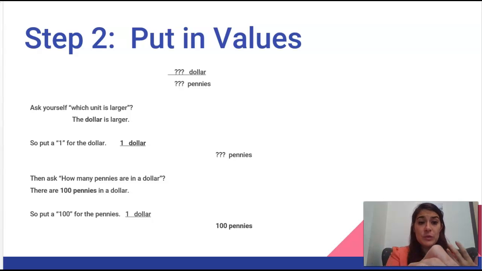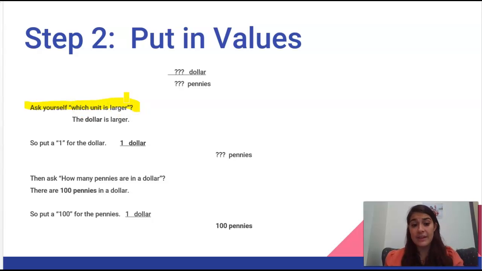And so this is a super important question right here. Ask yourself which unit is larger. The reason that this is a really good question to ask yourself is because that is the unit that's going to get the 1 in front of it. You all know that there are 60 seconds in 1 minute. But something happens when we're in that test environment and we're writing things down, and all of a sudden we write that there are 60 minutes in 1 second. Even though before you took this class, you already knew that that wasn't true.